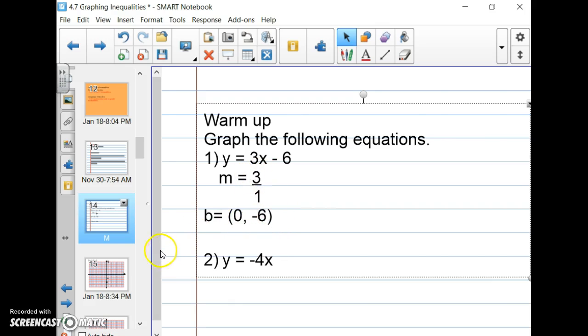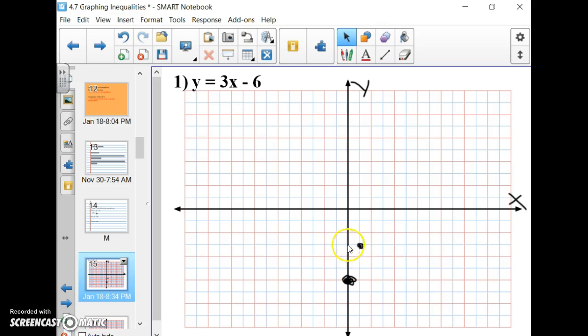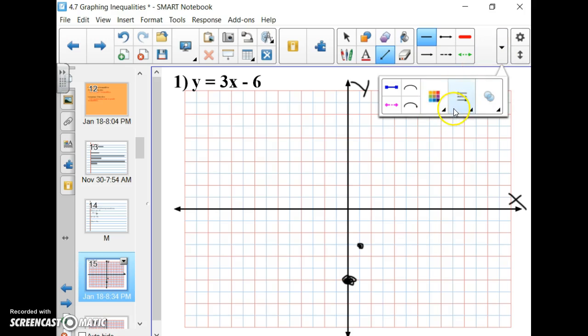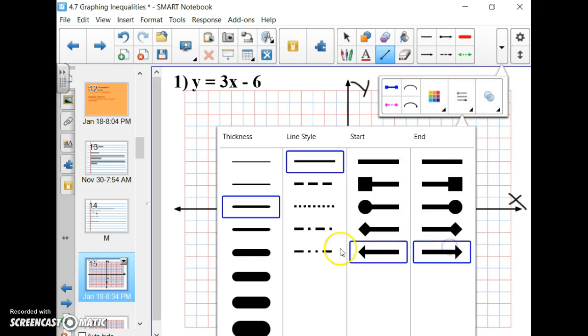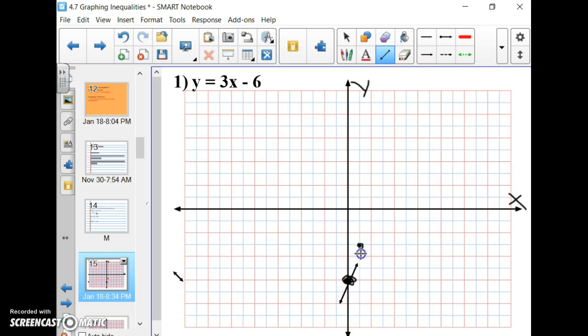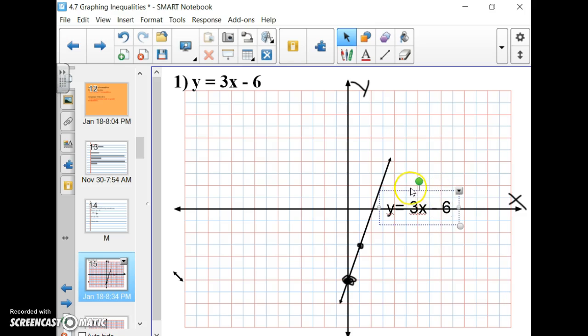And then I got the other one by going up 3 and over 1. Now at this point you want to draw a line. Now I'm going to use my tools here, and I'm still going to miss anyway, but I'm going to try anyway. So something like that. And don't forget you want to label this. So I'm going to go ahead and label this y is equal to 3x minus 6. So that's my line that I just drew.